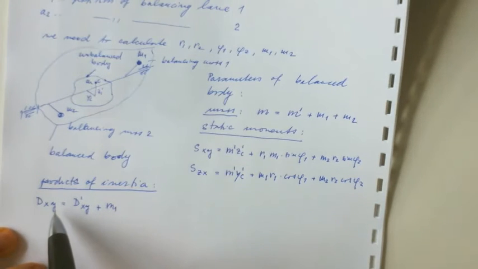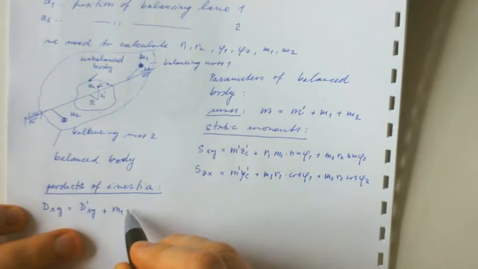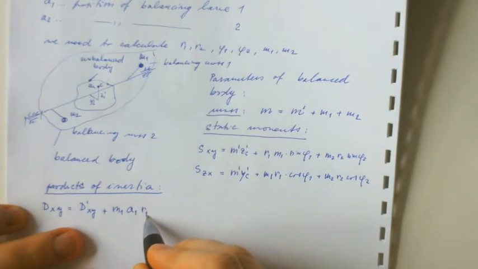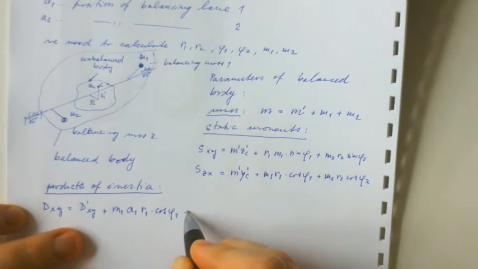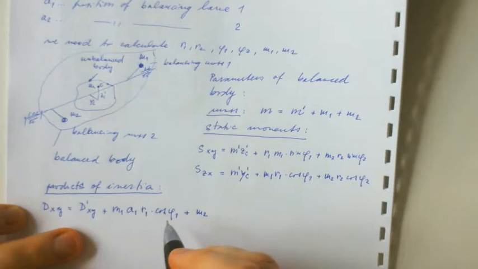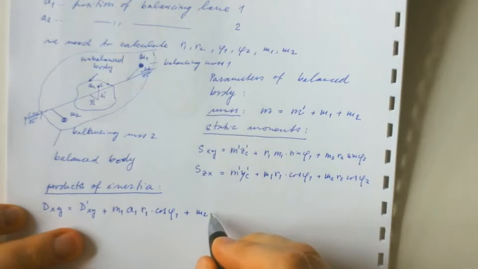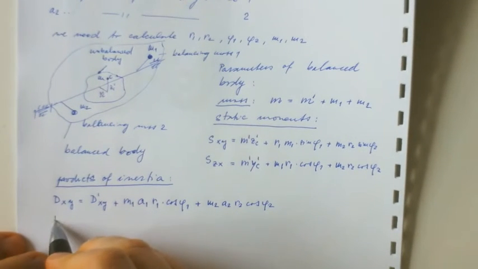If we have x and y coordinates here, the x coordinate of m1 is a1 and the y coordinate is r1 cosine phi1, and the same with m2. So it is m2 a2 r2 cosine phi2.